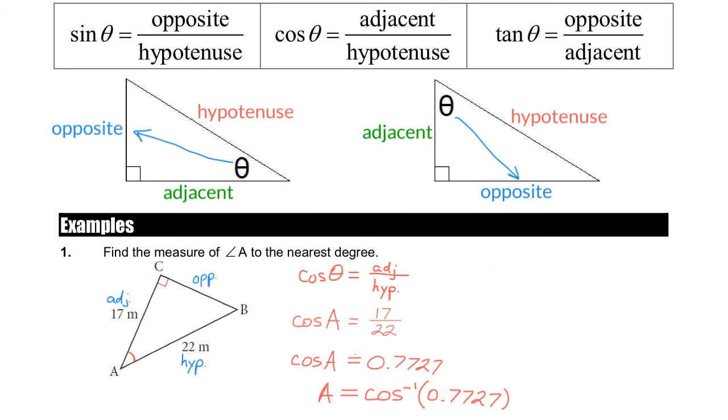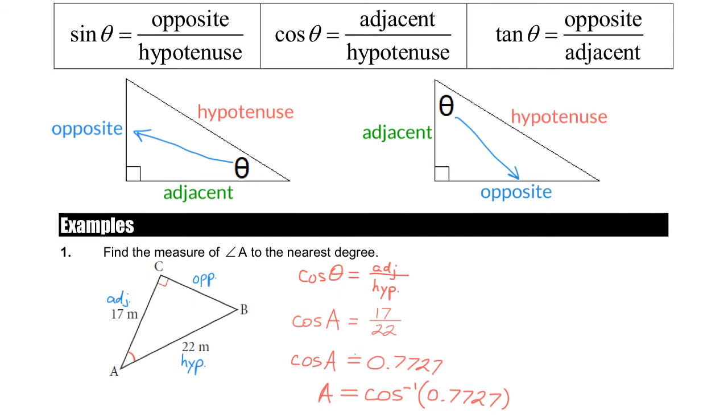So to type this in your calculator, you have to find where the inverse cosine function is. Well, it's usually the second function of your cosine button. So most calculators, in the top left corner, you'll see shift or second function. You would press that button and then press your cosine button.